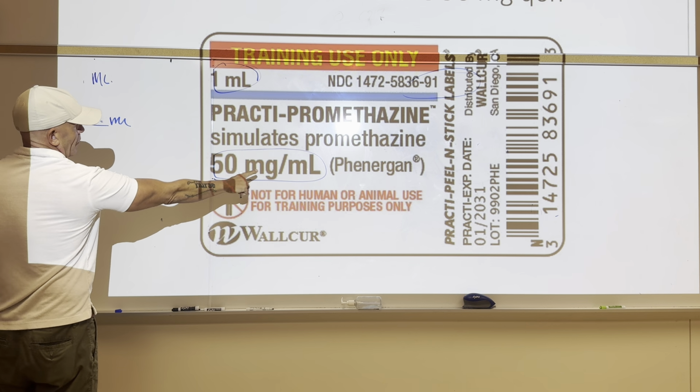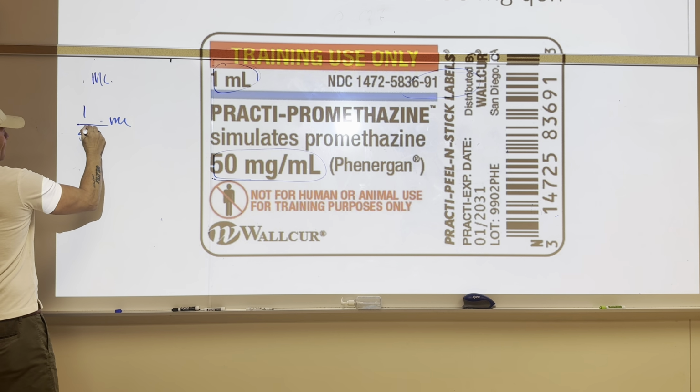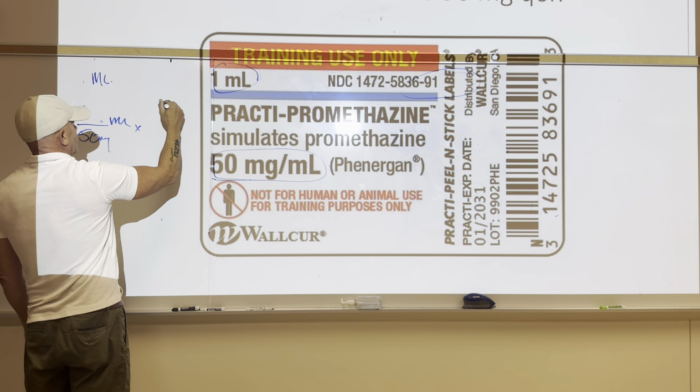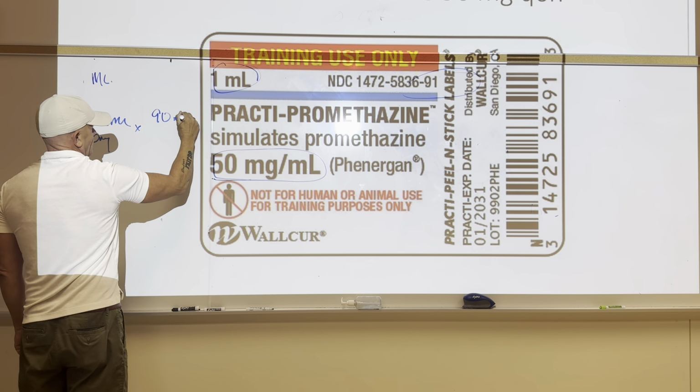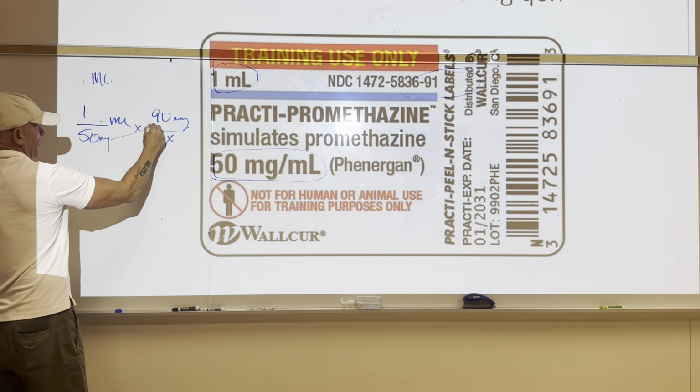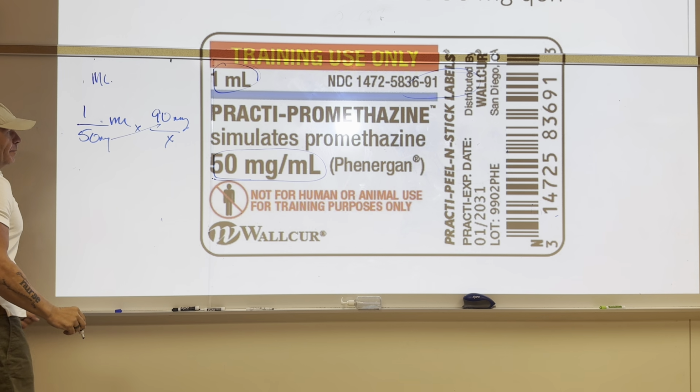They give you 1 ml over 50 milligrams. They're asking for 90 milligrams over X. So remember, 50 milligrams comes up here because we cross up.